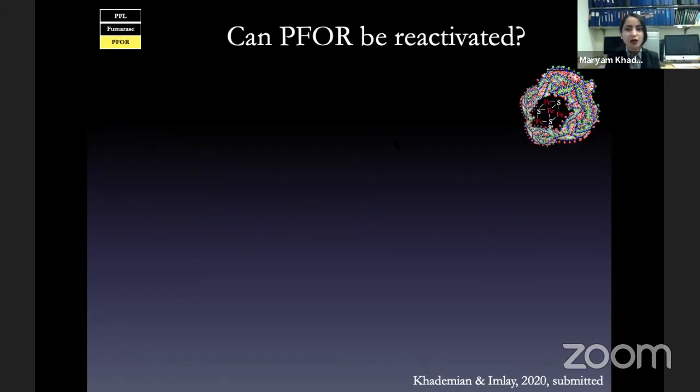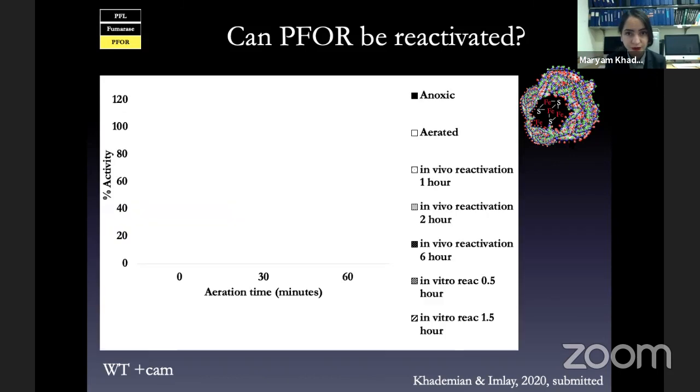Now, can PFR be reactivated? PFR, as I showed you, the clusters in it are not exposed to solvent. Okay. So when they get oxidized, the iron probably falls off somehow, but this whole area is not accessible to the repair systems.